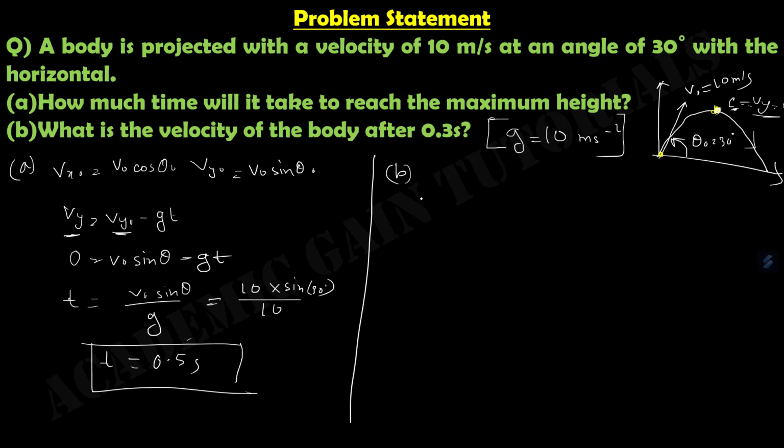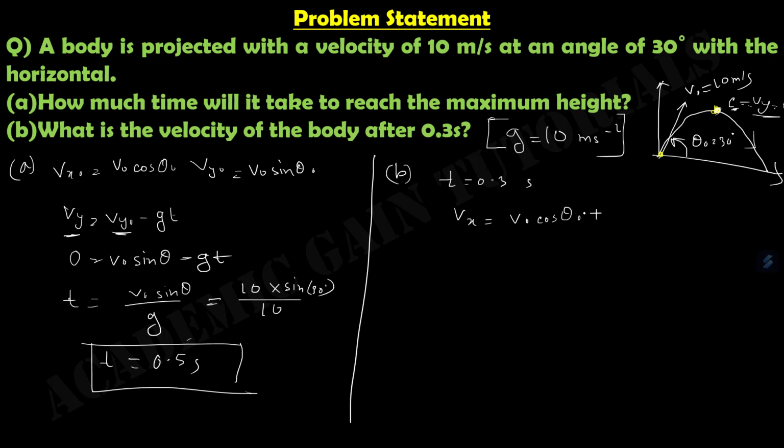So when t equals 0.3 second, what will be the velocity of that body? First of all, what will be the velocity along the x-axis? It will be v naught cos theta naught.